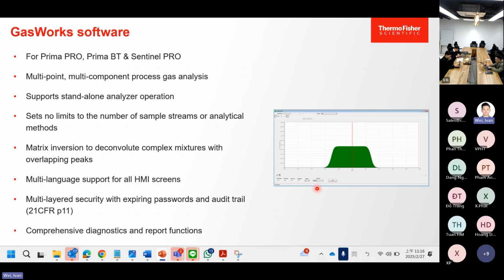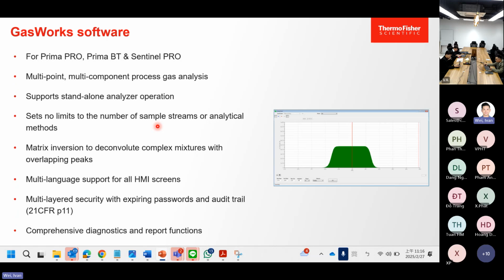We have really strong software for the Prima Pro, Prima BT, and Sentinel. Those are able to do really quick calculations and algorithms, so they know which compounds and which molecular weights are the particular gases you're looking for.